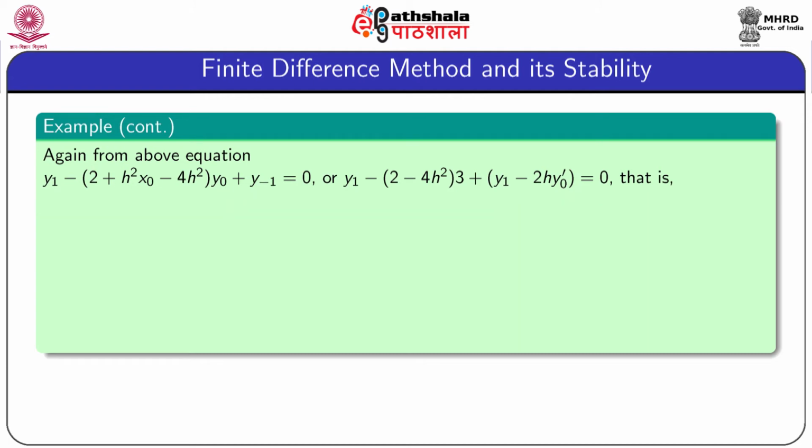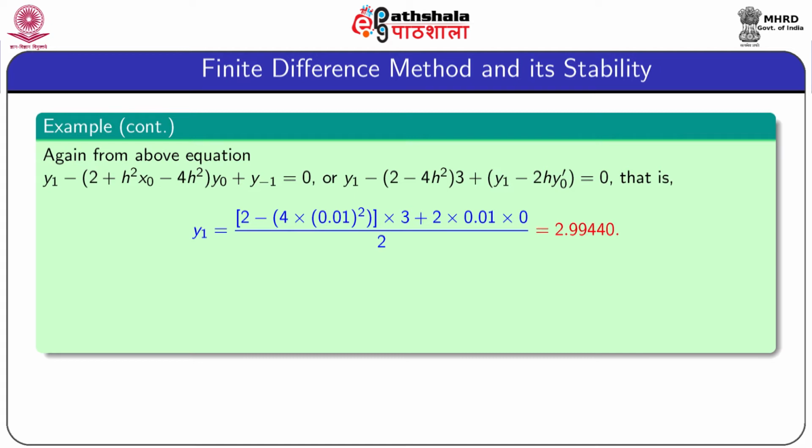Now we substitute the values of x0, y0 and y minus 1, and we get y1 minus (2 minus 4h square) into 3 plus y1 minus 2h into y0 prime equal to 0. The last term is the value of y minus 1. We get the value of y1 from this equation, that means y1 equals this expression, and after simplification it is equal to 2.99440.